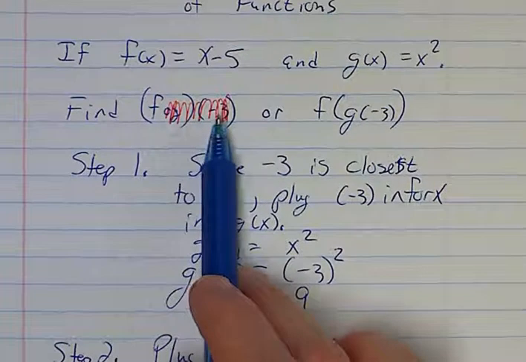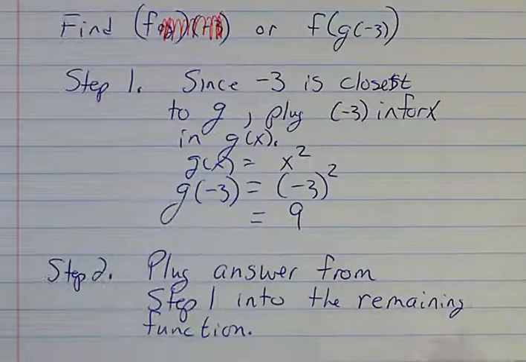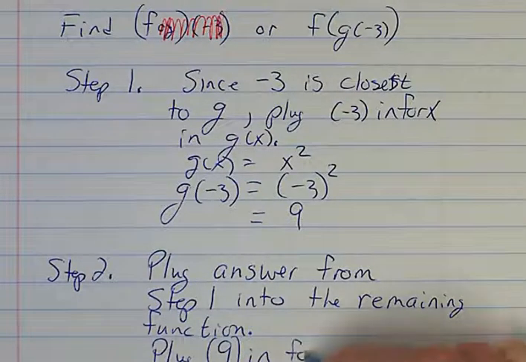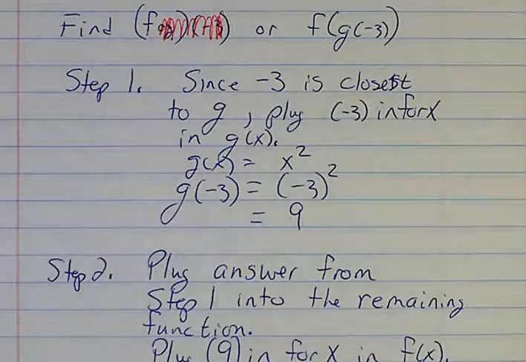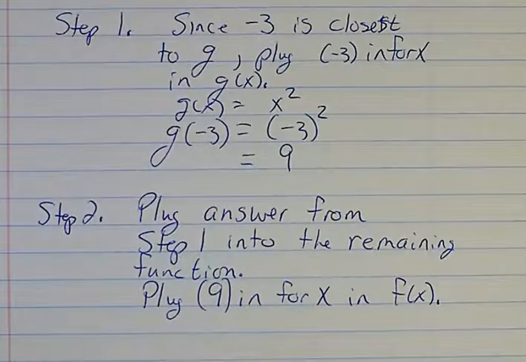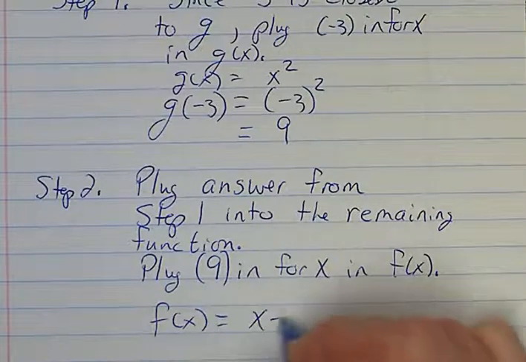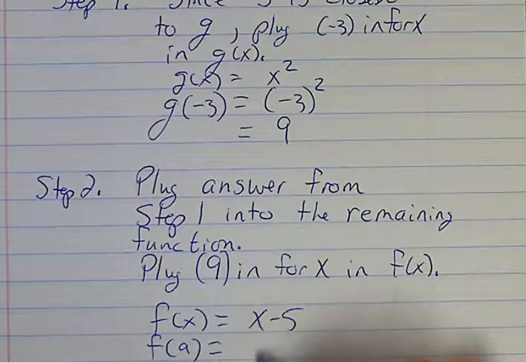What we had to do back up here was f of g of -3. We took care of the g of -3. So now we're going to take this 9 and plug it into f. So we're going to plug 9 in for x in f of x. So f of x was x minus 5. So everywhere we have the x, we're going to take out the x and replace it with 9.